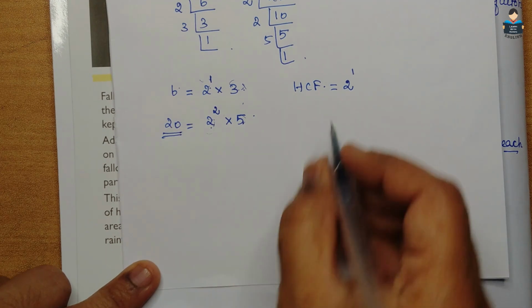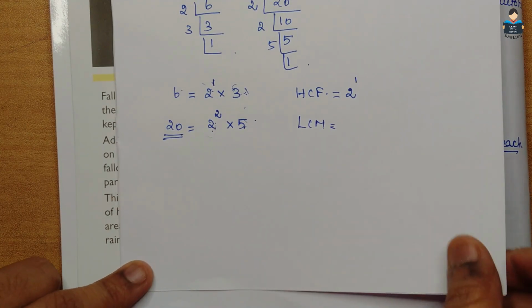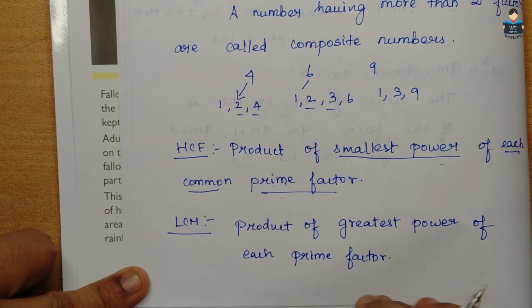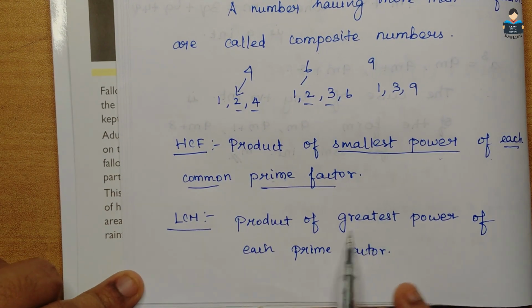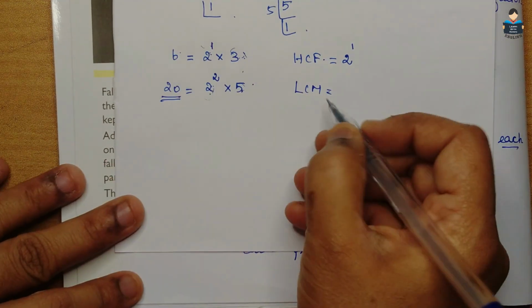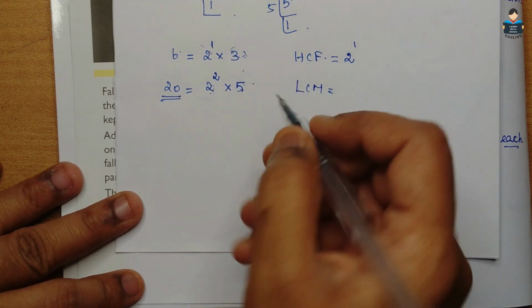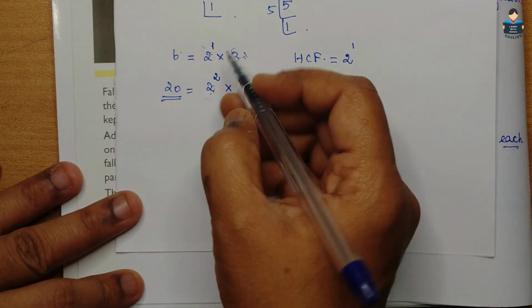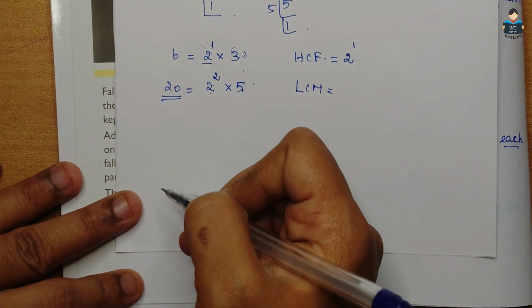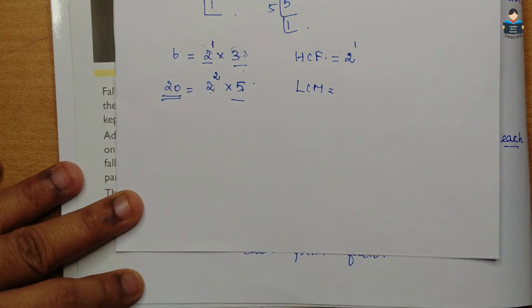Now we are going to find the LCM. According to the definition of LCM, it is the product of the greatest power of each prime factor. So when finding the LCM, we have to take the greatest power of each prime factor. Here 2 is a prime number, 3 is a prime number and 5 is also a prime number.